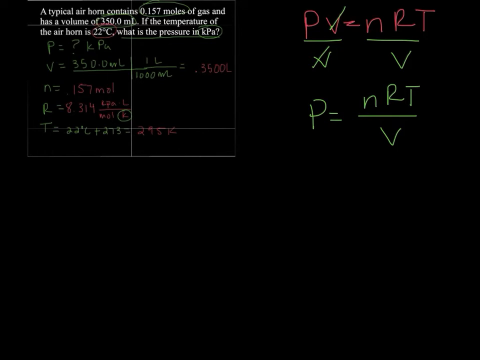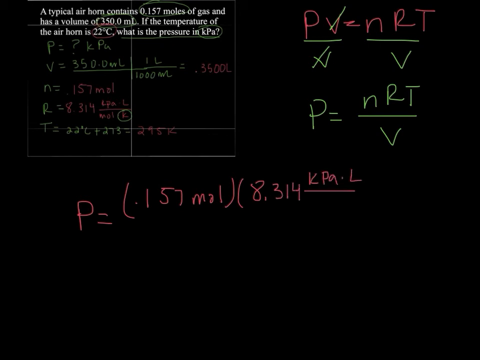So my pressure is going to be equal to n, 0.157 moles, times R, 8.314 kilopascals times liters divided by moles times Kelvin, times T, 295 Kelvin.